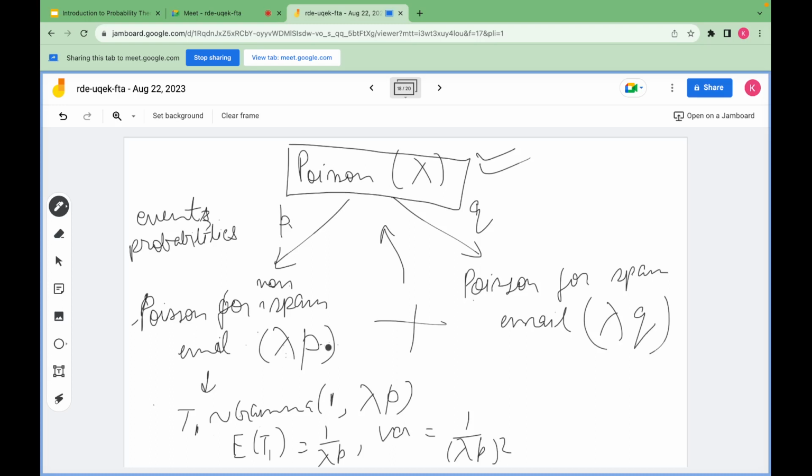Then we saw that the arrival of the first Poisson distribution is gamma distributed, and the expectation of first arrival is 1 upon lambda p and the variance is 1 upon lambda p square, which is the property of the gamma distribution. So in this question we covered a lot of concepts we have studied till now. It's a very good question, and if you don't understand, please revisit this lecture. It is a quite important concept.